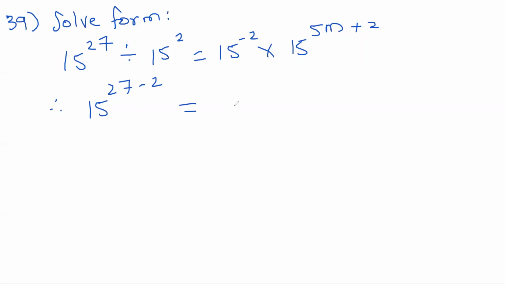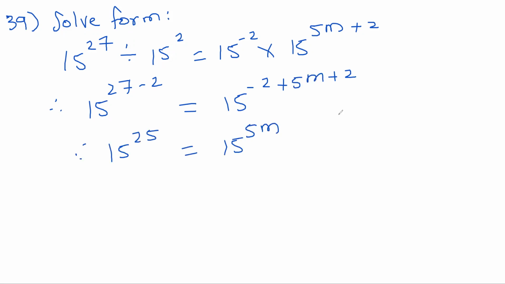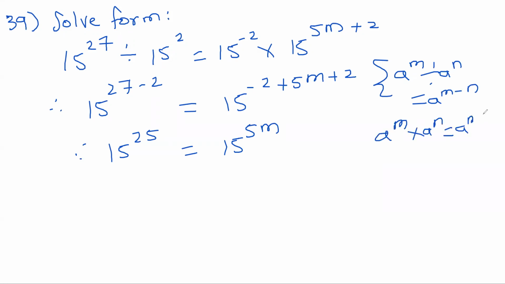Okay, is equal to 15 raised to minus 2 plus 5m plus 2. So we get 15 raised to 25 is equal to 15 raised to 5m. What will be the reason? a raised to m divided by a raised to n is equal to a raised to m minus n. And a raised to m into a raised to n is equal to a raised to m plus n.